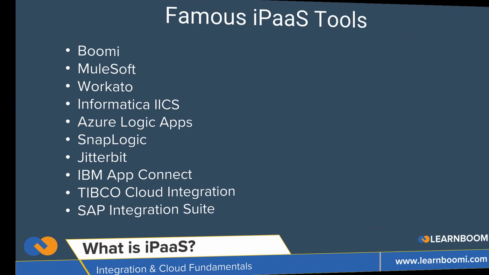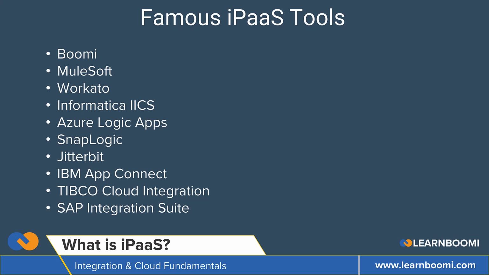Here is a list of some of the famous iPaaS tools in the market. One is obviously Boomi, which is one of the most popular iPaaS platforms with strong integration, API, data and automation capabilities. Then you have the MuleSoft Anypoint Platform, a leading enterprise integration platform used for APIs, integration and enterprise connectivity.